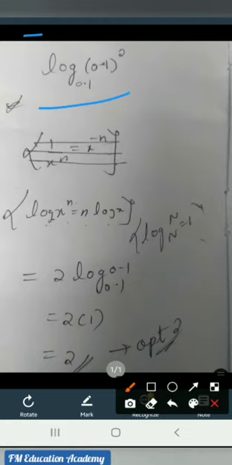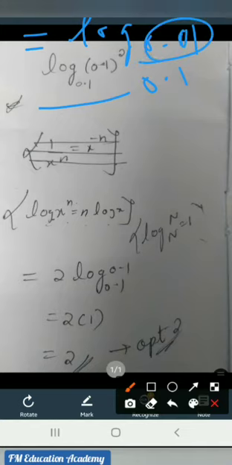See, this was the question. The question was, find out the value of log 0.01 to the base 0.1. So what we have done, 0.01 can be written as 0.1 square, and then it is of the form log x power n to the base a, that is equal to n log x to the base a. Okay.